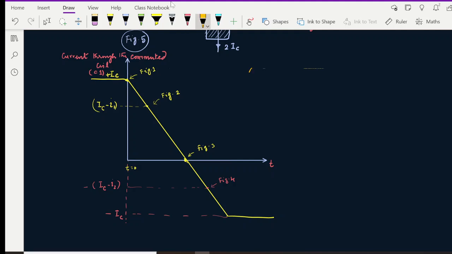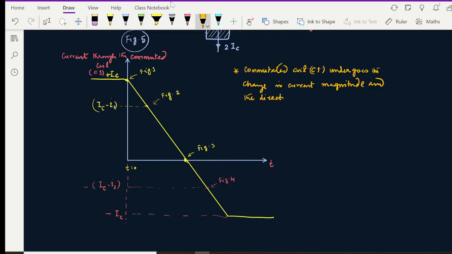So what is the understanding? The coil 1, the commutated coil, which is nothing but C1, undergoes the change in current magnitude and the direction in a given time.